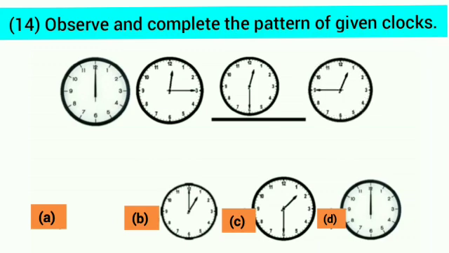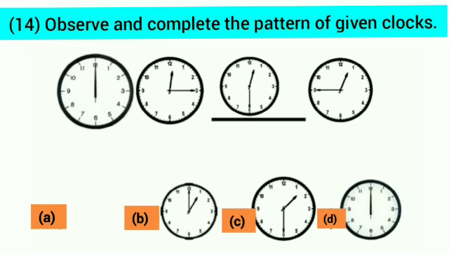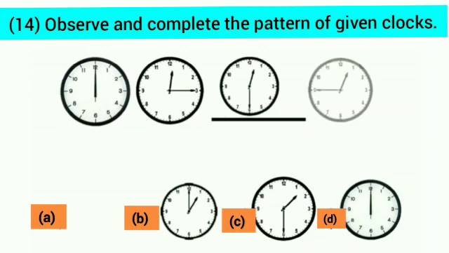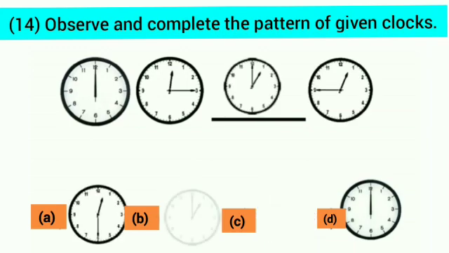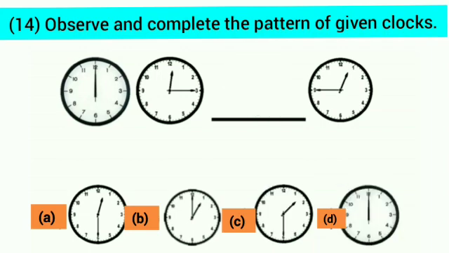In this clock also, the minute hand is moving in clockwise direction and comes to 9 following the pattern of third clock. In this way, all these 4 clocks are following the same pattern. But the clocks given on other options are not following this pattern. So the clock given on option A is correct. We will put tick on option A.